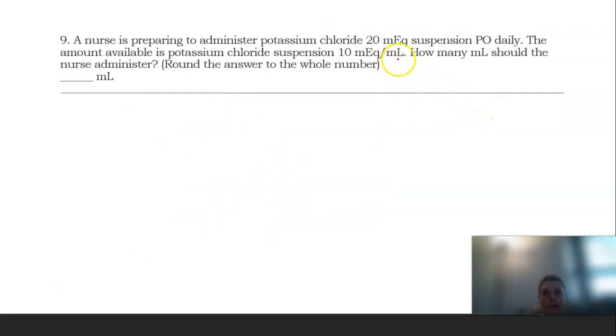All right, this one's kind of easy because this is telling me 20 milliequivalents. How many mils should the nurse administer? And I'm only going in once to do it. So 20 divided by 10.